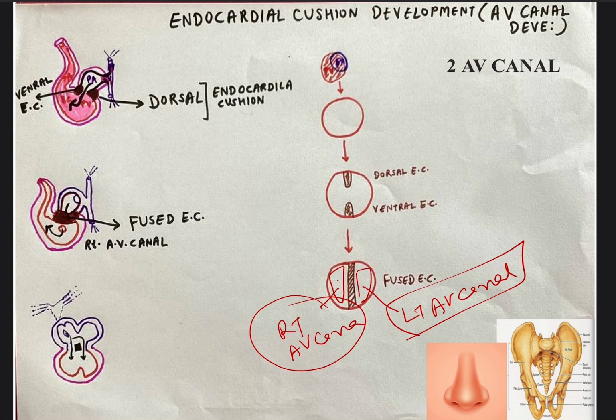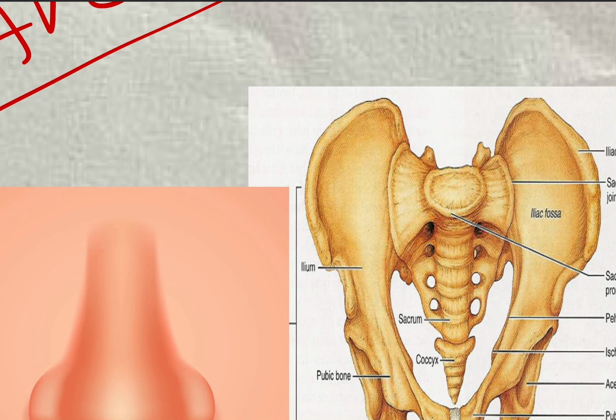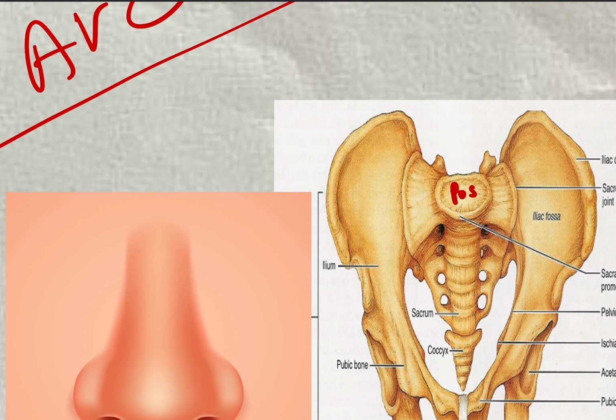I cannot explain the 3D formation of this endocardial cushion in the anteroposterior direction, so I am trying to explain it through the pelvic cavity. We are aware that this is the posterior part of the pelvic cavity, which is formed by the sacrum, and this is the anterior part of the pelvic cavity, which is the pubis.